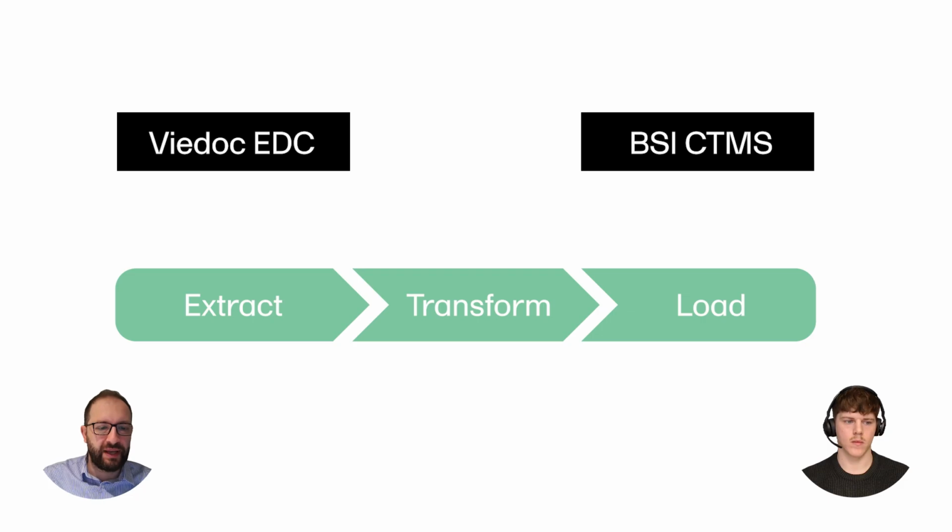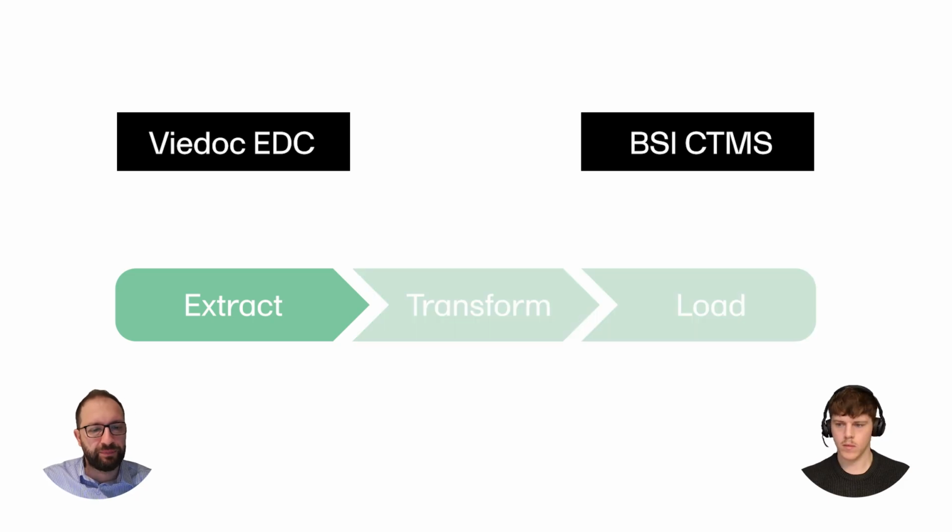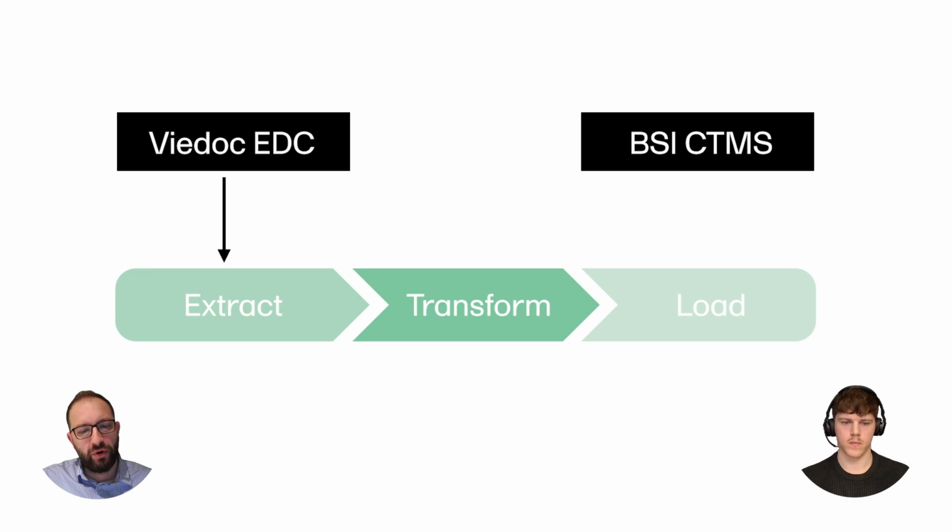We start with the extract step, in which we fetch the data from the Viedoc EDC system. In this case, we fetch the subjects, their status, and all the subject visits and their status. We then transform this data from the source data format that we get from Viedoc to the destination data format that the BSI CTMS expects to receive. And then we push that data to the BSI CTMS to make it available in the BSI CTMS system.